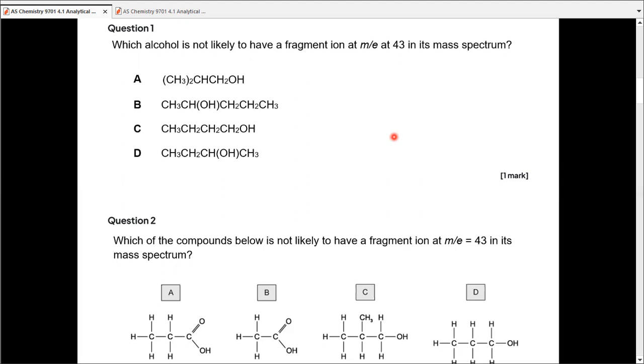Remember, it's about not likely to have a fragment. C. You pick C. One second.